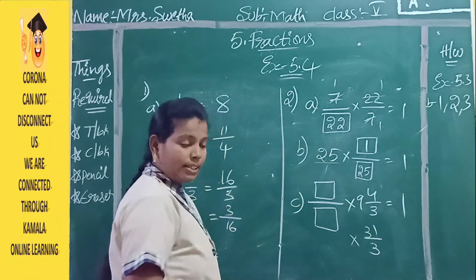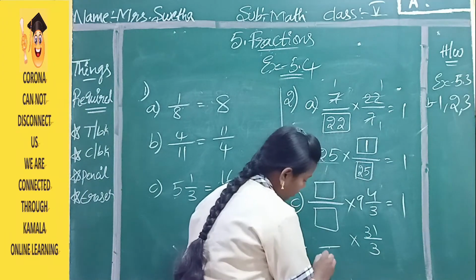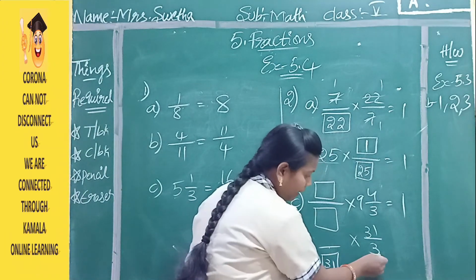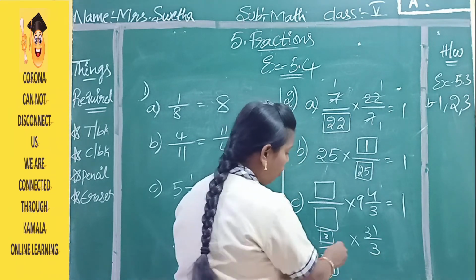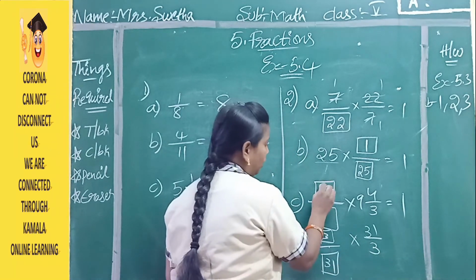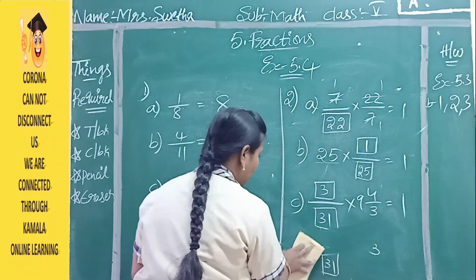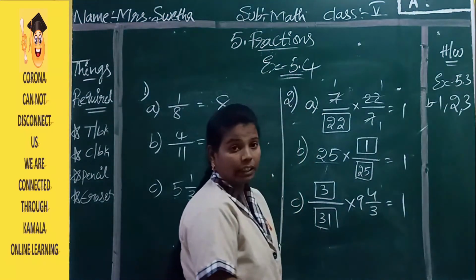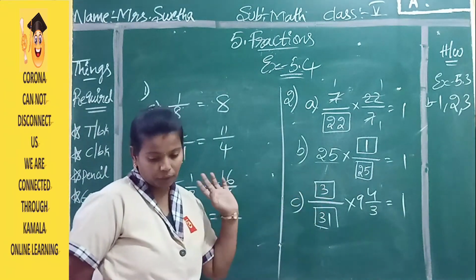Here the numerator is 31, so here the denominator should be 31. And here the denominator is 3, so in the numerator place you should have 3. If you cancel all, you will get 1. So here you will get 3 by 31. Like this you have to think and calculate.